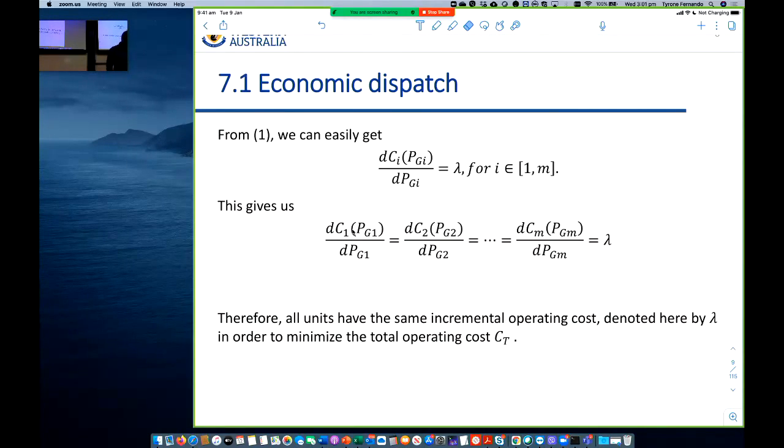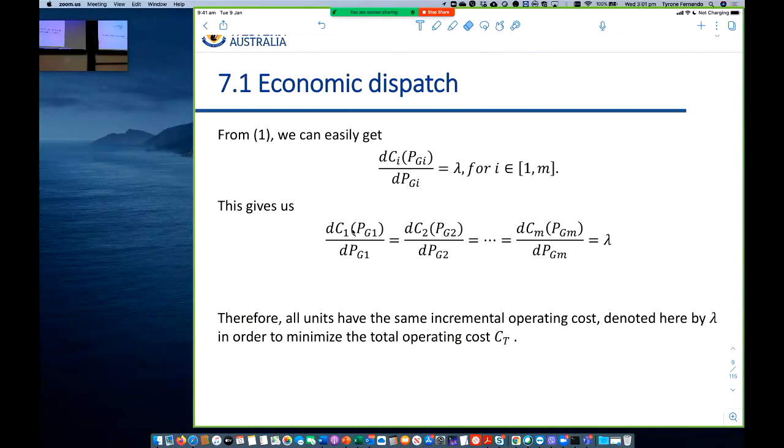And it can also be a function of the power it generates. So as long as we know the cost of generation as a function of the power for that generator, so when the power requirement for the generator increases, the cost can increase.